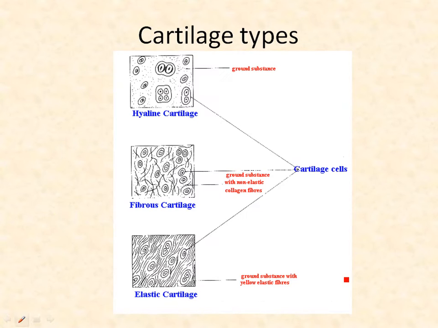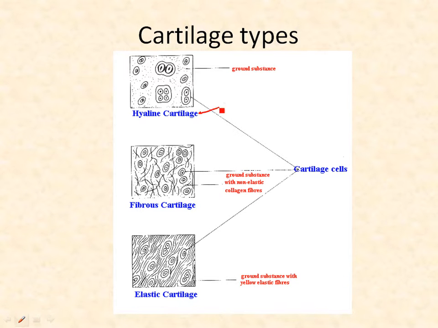There are three types of cartilages: hyaline, fibrous, and elastic. Hyaline cartilage is made up of these cartilage cells which are distributed randomly and sparsely in a matrix primarily made up of collagen fibers.